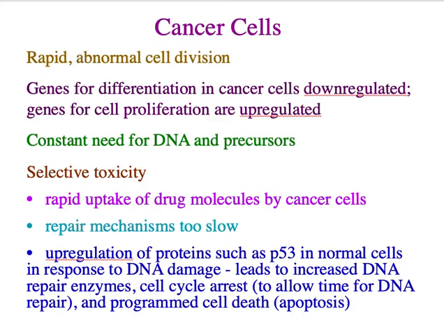They're not committed to be a bone cell or a skin cell or something like that. They are pluripotent, where they could be a number of different cell types. And so they're kind of how cells are in an early embryo, for example, or early on in life. And so this is what cancer cells are like.